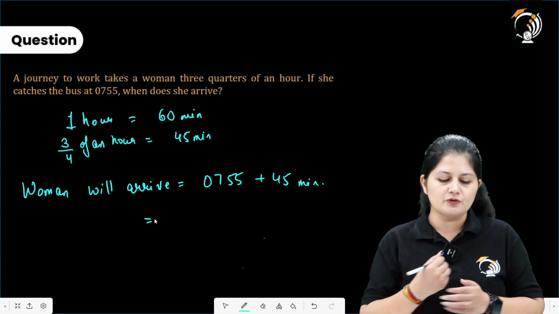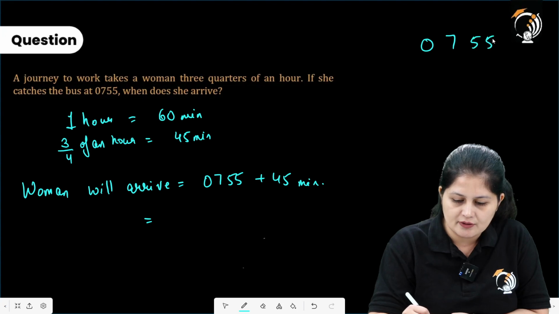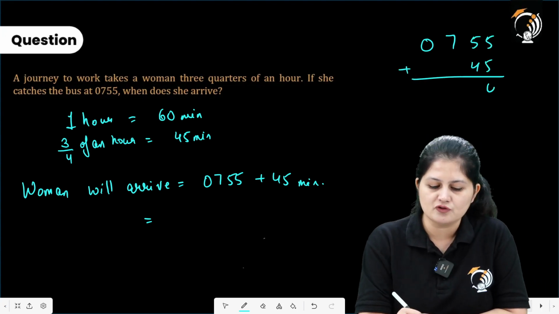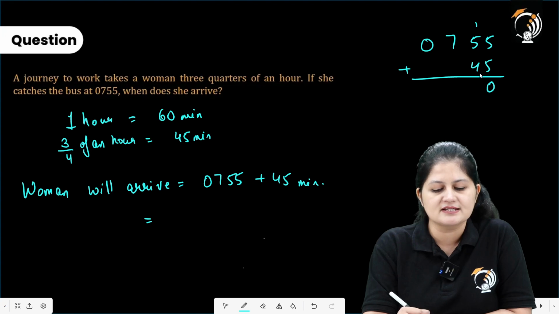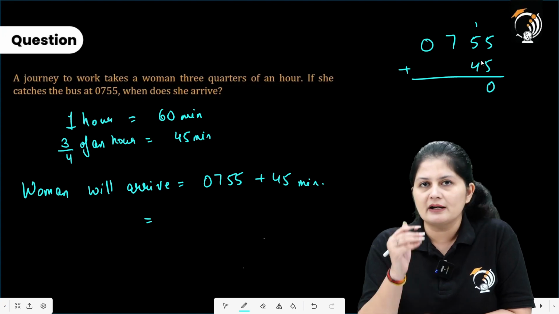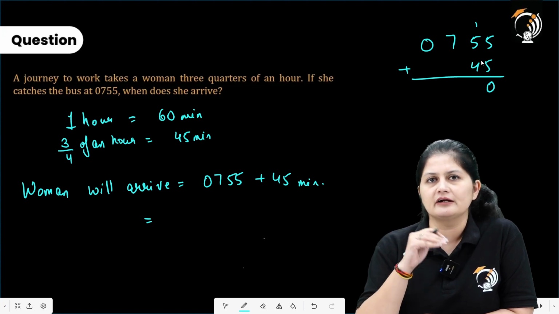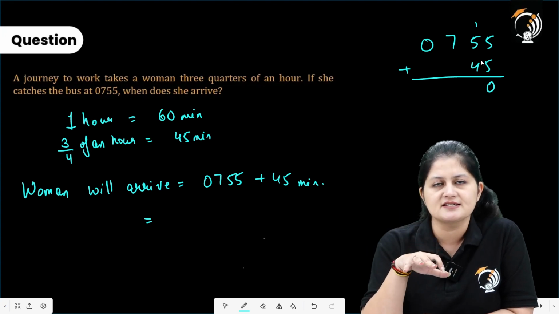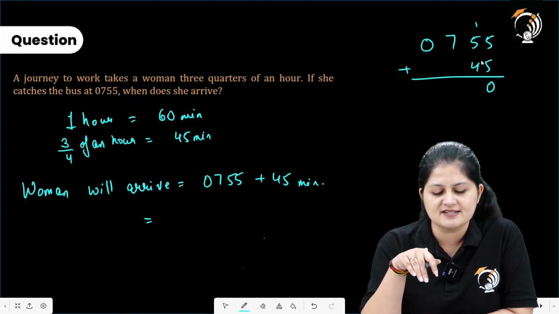So if we are just going to do the calculation here, let me just add the time on this side. We are going to add 45 to it. So clearly 5 plus 5 is going to give you a 0. 1 is going to be the carry here. So 1 plus 5 is 6. 6 plus 4 is 10. But we know that we cannot write it as 10 here. Whenever the minutes go above 60 or reach 60, we are going to reduce the minutes by 60, right?